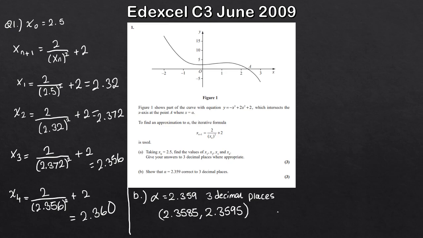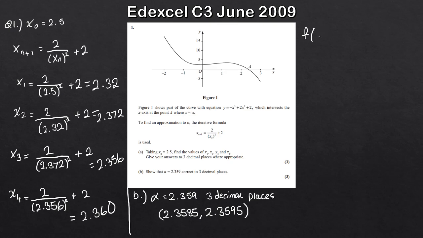Well, we consider it with f, that's our original y here, that's our function. If I plug f of 2.3585 in here, what we'd hope to find is that one of them is negative, and if we plug the other one in, hopefully the other one will be positive. So basically we need one negative, one positive, because in that case the root must clearly lie within that interval.